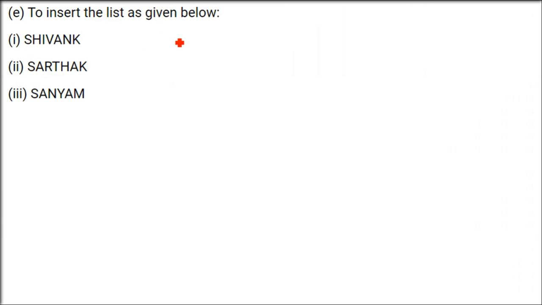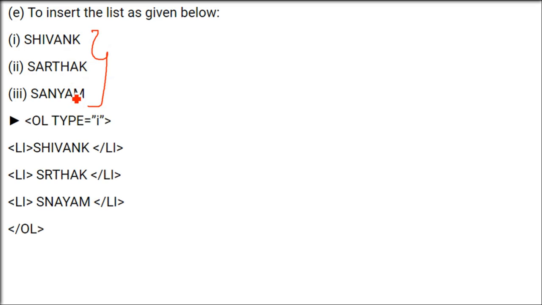To insert the list as given below, we have here three names and you need to show them in a list. Since it is not given ordered or unordered, but you can see 1, 2, 3, that means it is ordered, it is ranked, it has some order. So for an ordered list you will start OL. When you have OL, 1, 2, 3 by default is going to come. But you want this to come in a list with small Roman numerals.